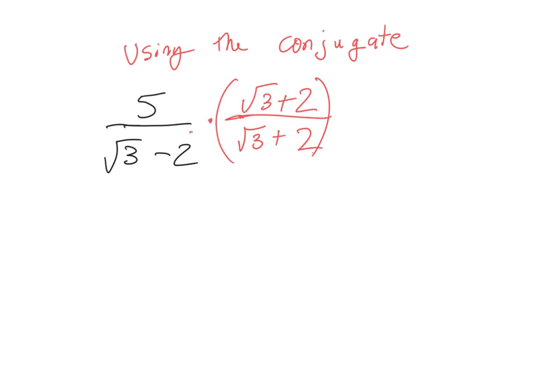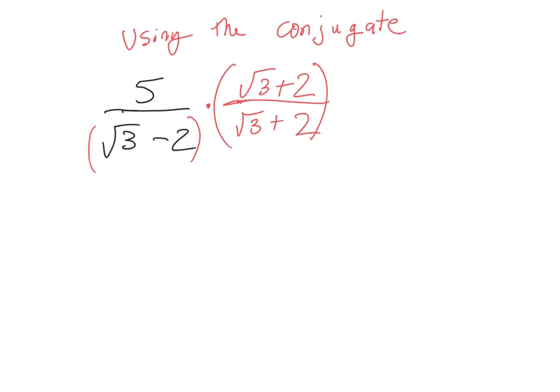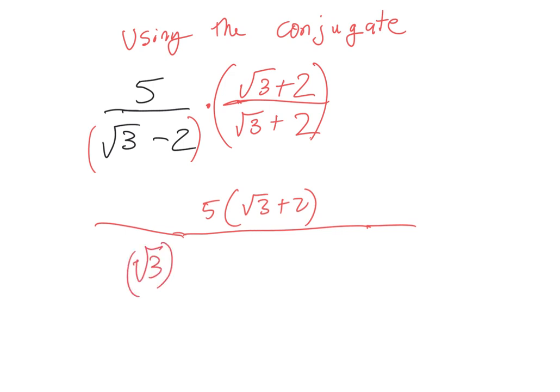So then when I multiply, in the numerator, I'm going to have just 5 times root 3 plus 2. We'll distribute in a minute. In the bottom, this is why we did another problem earlier, we're going to FOIL that. Firsts. Square root of 3 times itself is square root of 3 squared.